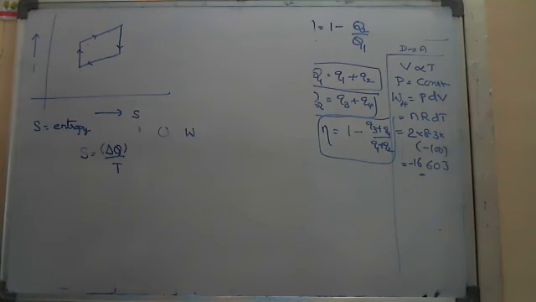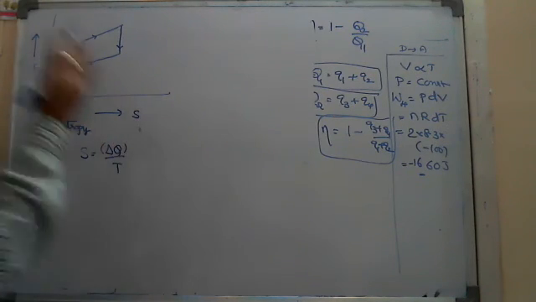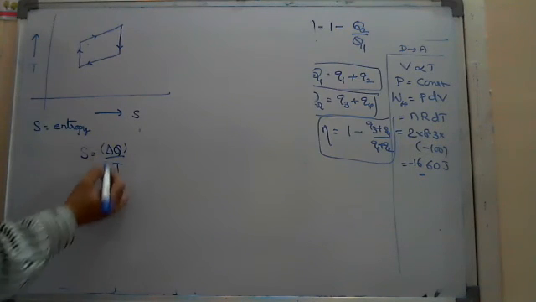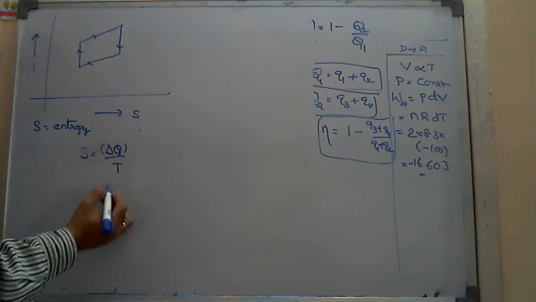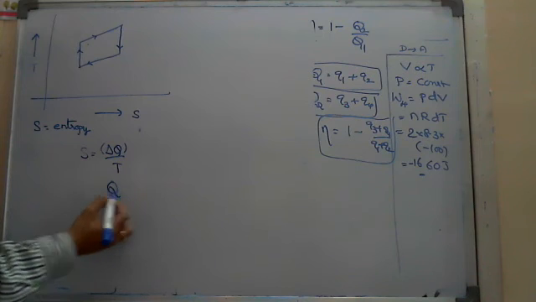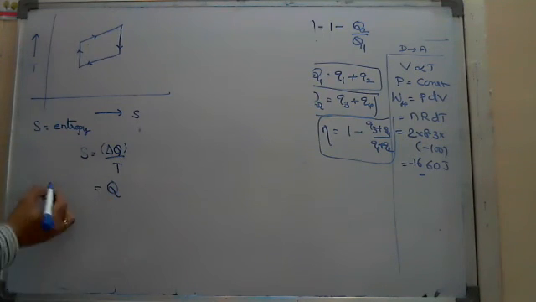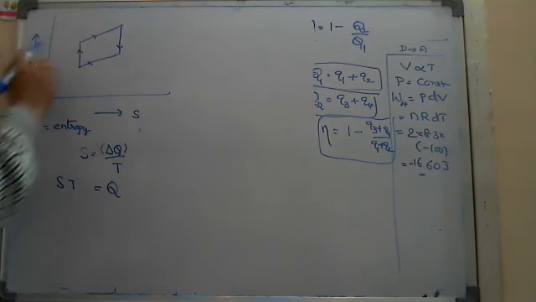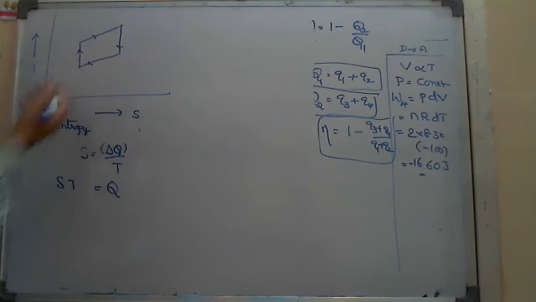So from my point of view, instead of asking those graphs, if they ask the ST graph, entropy-temperature graph, it will be very easy to find out the efficiency of the cycle. In this one, I can find the amount of heat absorbed or released, the Q1 or Q2, straight away with the cross multiplication S into T. Sir, here temperature is changing, and in some cases entropy is changing.